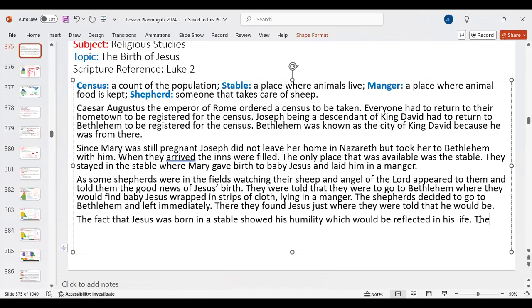Why do you think the shepherds were chosen? The angels didn't come to the priests and tell them about Jesus' birth. So why do you think the shepherds were chosen? Because they had a pure heart.